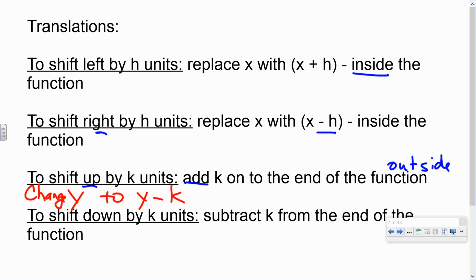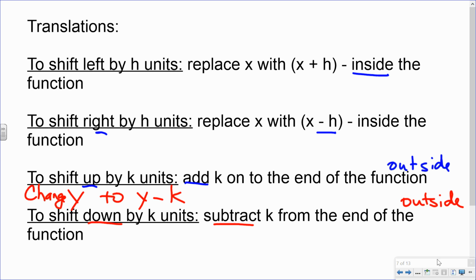So we could add on the right or subtract on the left, and it's the same thing. If we want to go down, we subtract at the end or on the outside, or your book says it, if we subtract on the right, that's the same as adding on the left, or change y to y minus k.